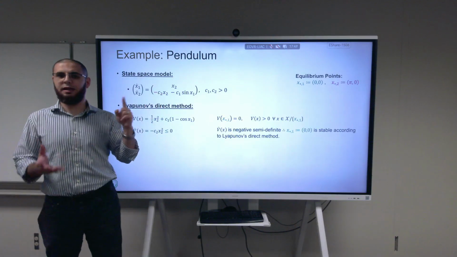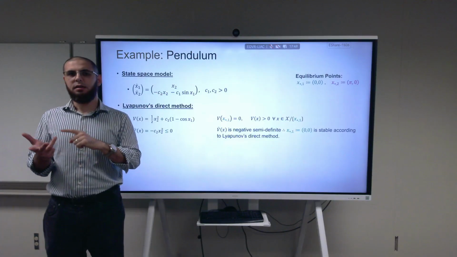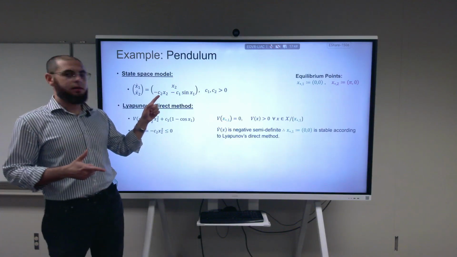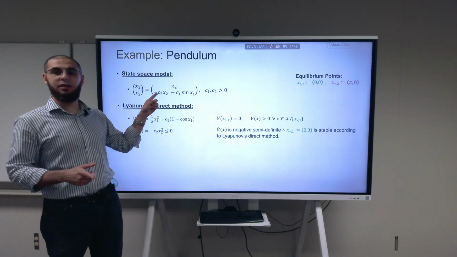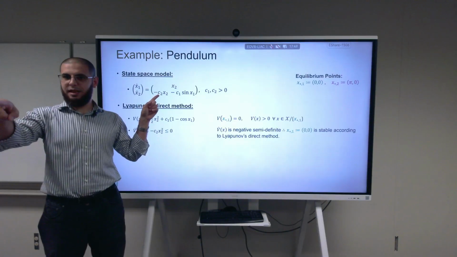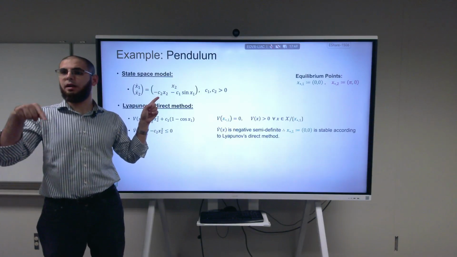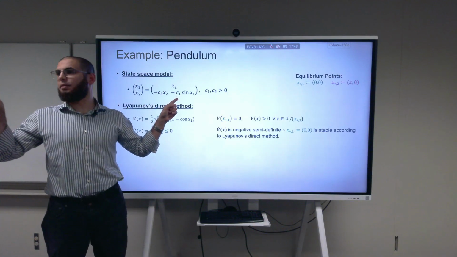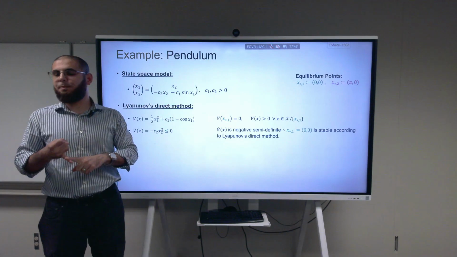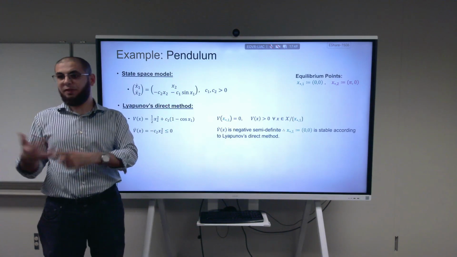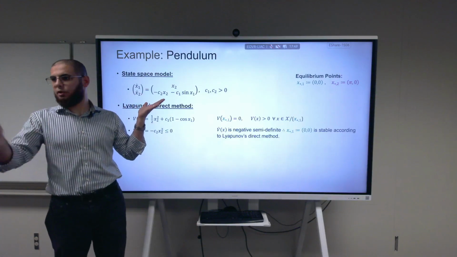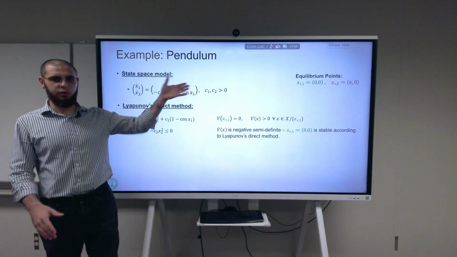They included the mass and the length, and they had the gravity and the damping friction. This term C2 was actually B, the damping coefficient, divided by m l squared, and C1 was equal to g divided by l. Physically, g, l and B are positive, so C1 and C2 have to be positive constant numbers.